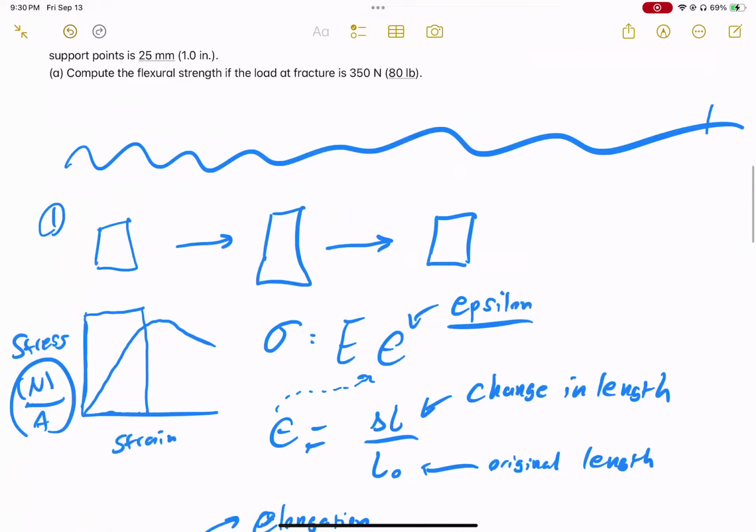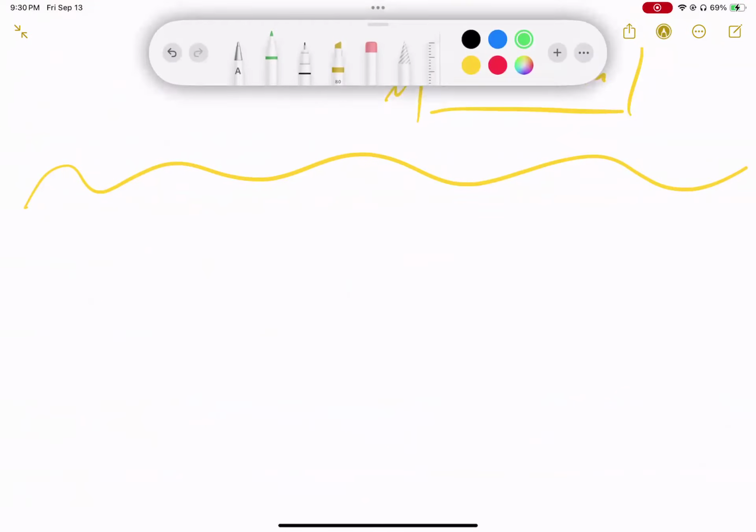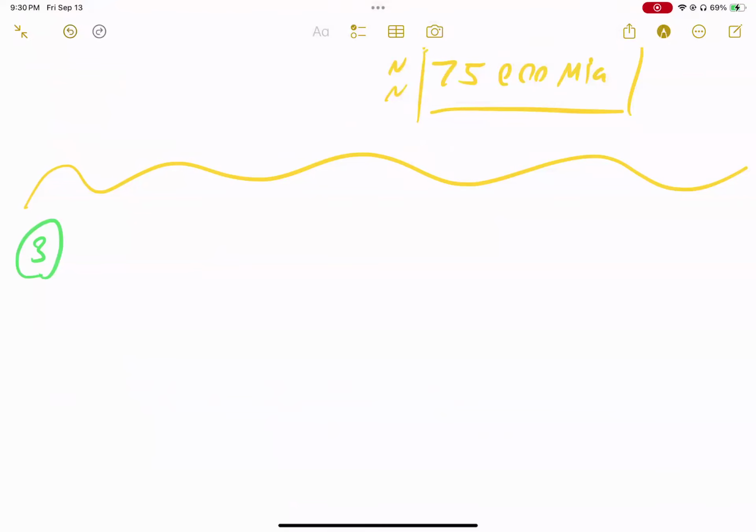All right, so let's figure out what this thing looks like. The way this thing looks is that it has 3 points, so it's going to assume a more rectangular shape.